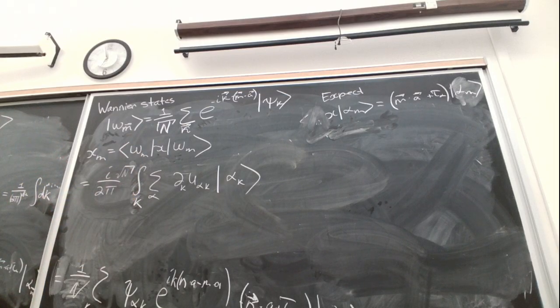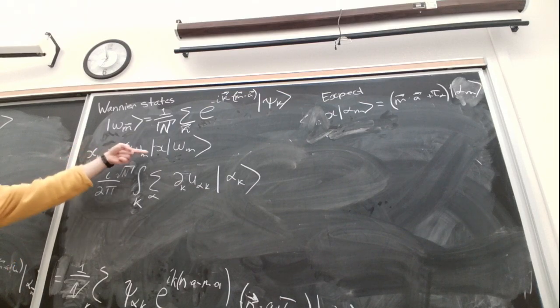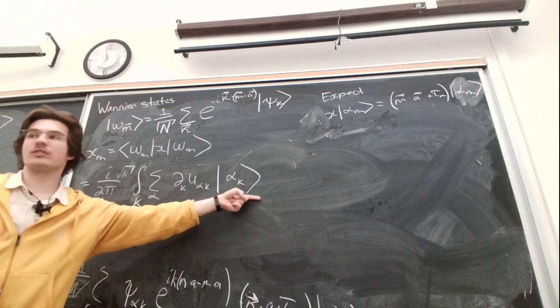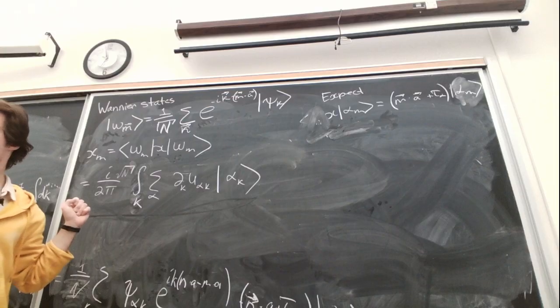And now, remember, I wanted to compute the inner product between this state and this state. I computed what x on omega 0 is. That's just this state. Do you agree?